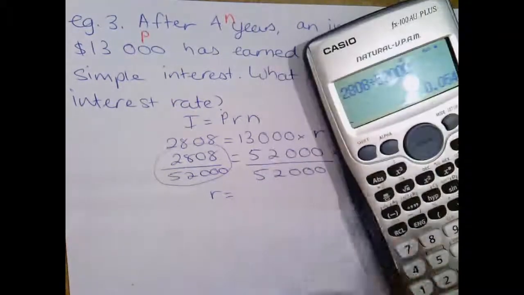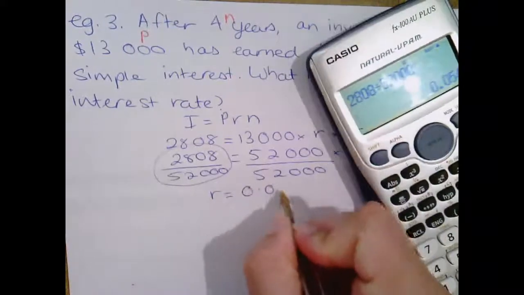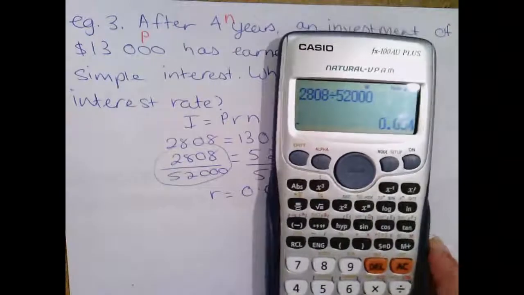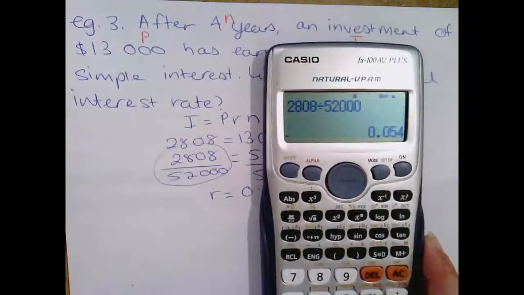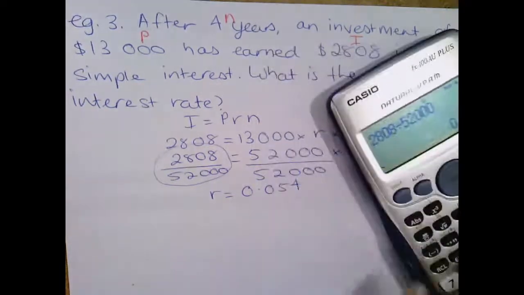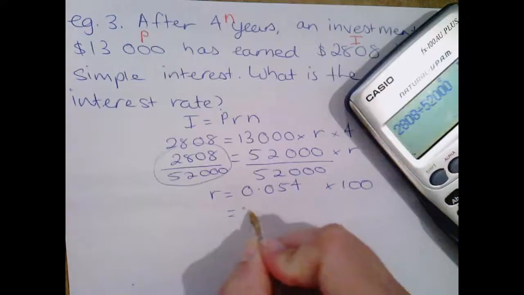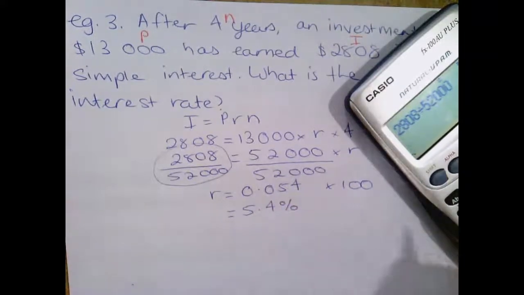And we get 0.054. Now that is not a percentage yet. That is a decimal. How do we change a decimal to a percentage? We need to multiply that by 100 to get 5.4%, and that's per annum.